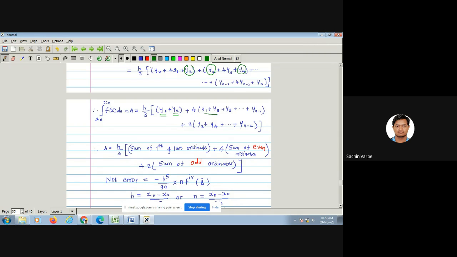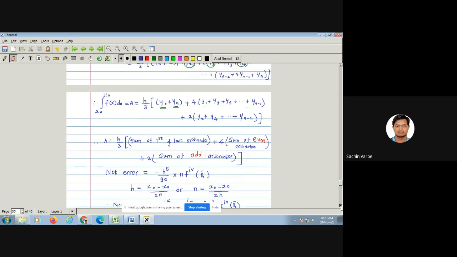How are these even? Because the first ordinate is y naught, the second ordinate is y1, the third ordinate is y2, the fourth ordinate is y3. That is why they are even ordinates, though the suffixes are odd. I hope the point is clear here. So 4 times the sum of even ordinates and plus 2 times the sum of odd ordinates.